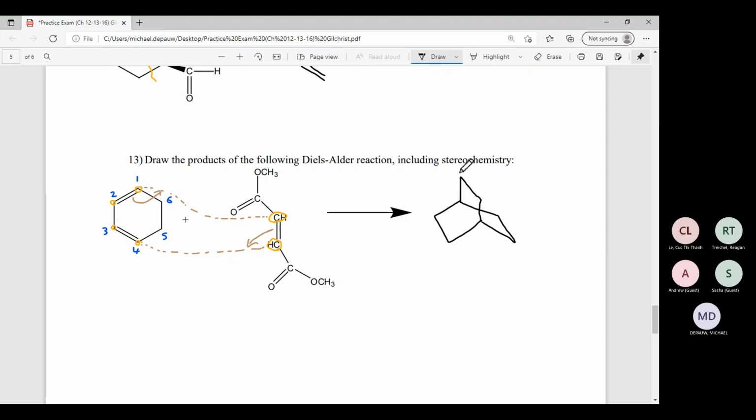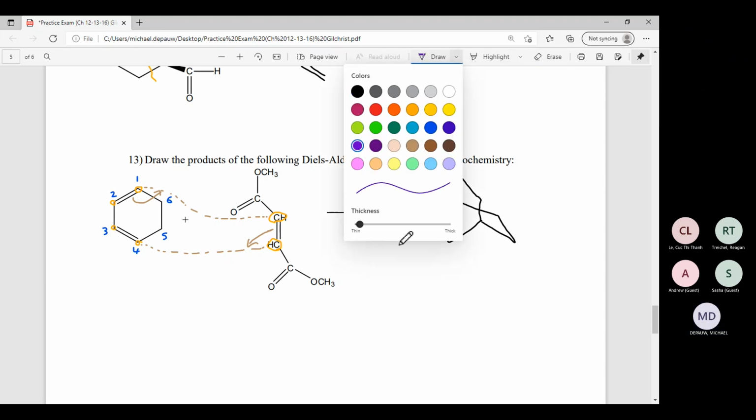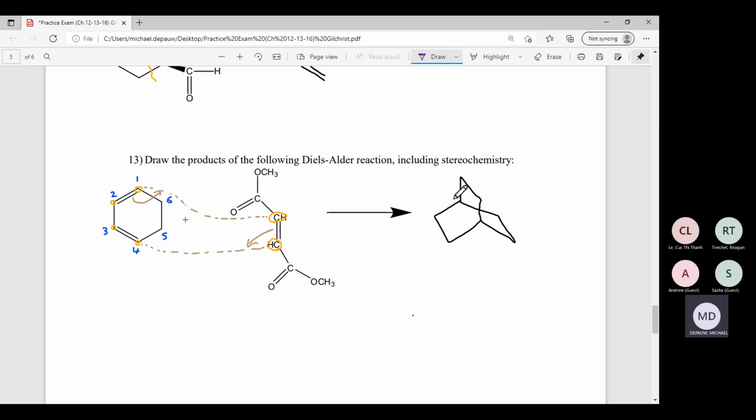Essentially my bridgehead carbons are going to be carbons 1 and 4. I'm going to go ahead and label these now so you can see them: 1, 2, 3, 4. But 5 is actually up here. 5 and 6 got pushed up out of the way.